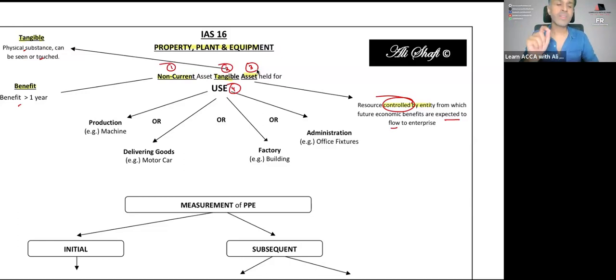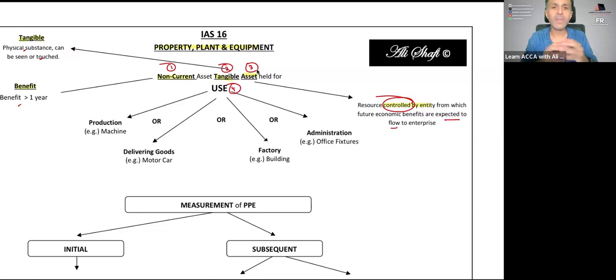So the better way to understand the definition is to take any example that's around you and try to pass it through these 4 parts. And if all the 4 parts are ticked, it's property, plant, and equipment. Emphasize this word control. Then the uses can be of many kinds. A machine is held for what sort of use? Production.